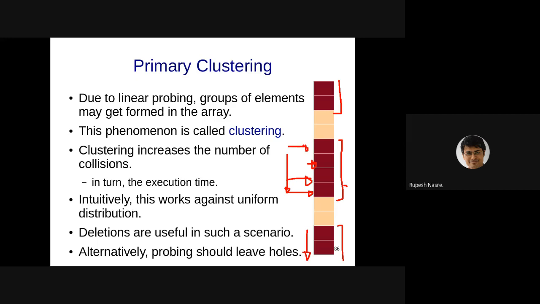If I'm searching for an element or inserting an element, instead of looking for consecutive entries, I can leave some holes and look for non-consecutive entries. And if I do that, that might give you a better efficiency while inserting, searching, as well as removing elements in the hash table.